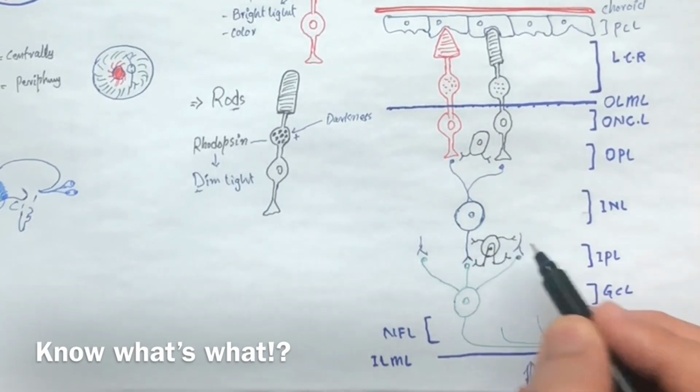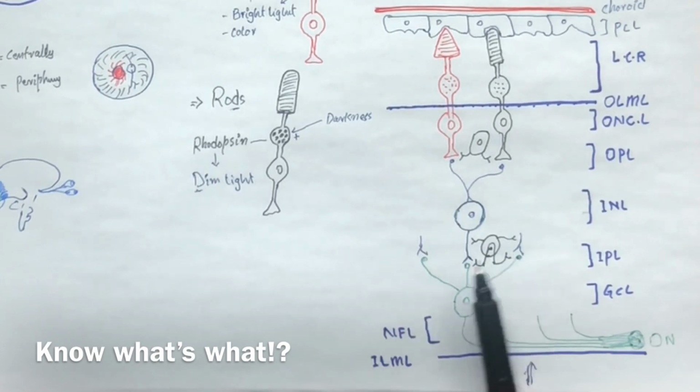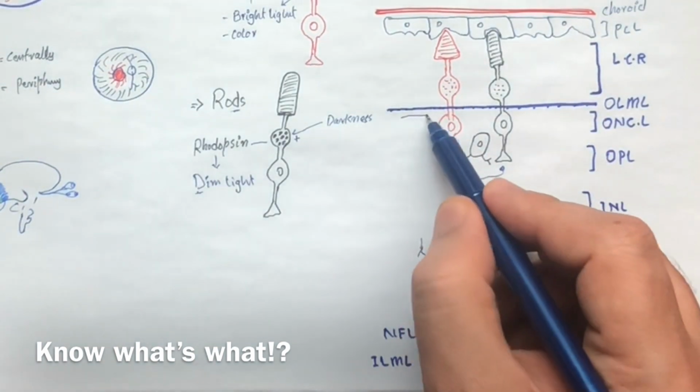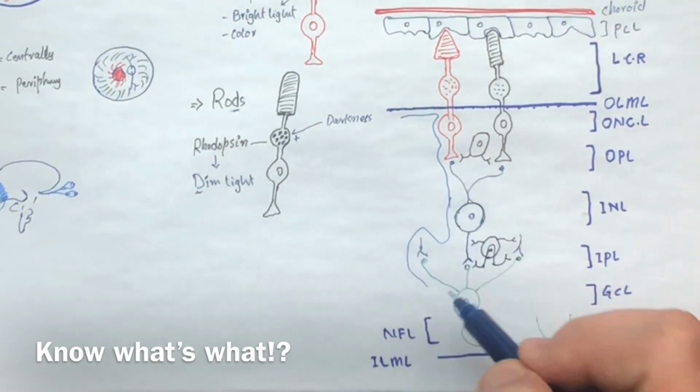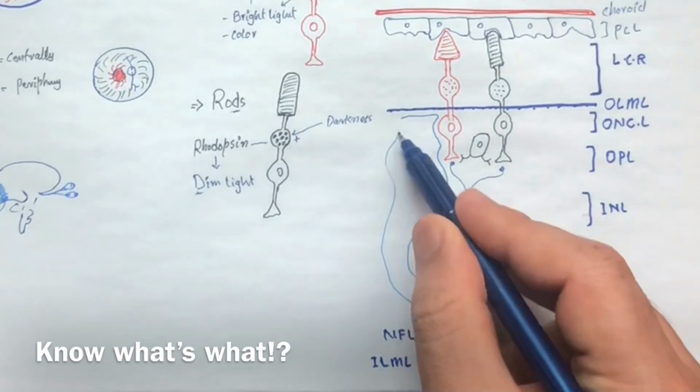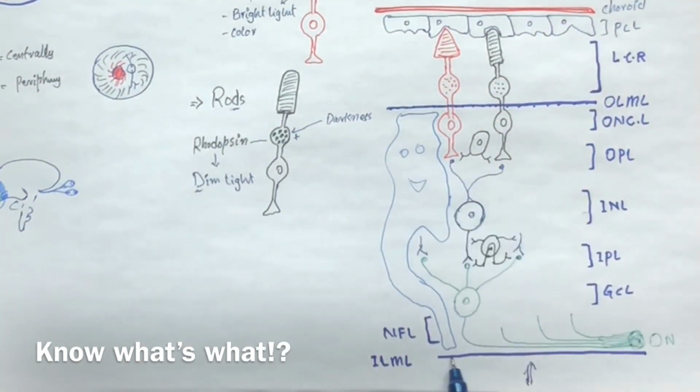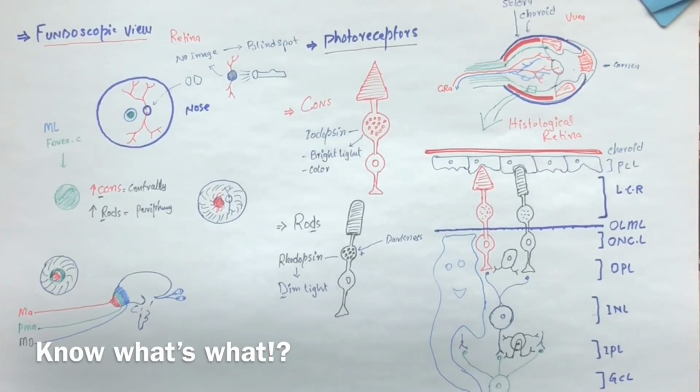And it gives fibers to different bipolar and ganglion cells. And then we have one more cell called the Mueller cells. It extends from the outer limiting membrane to the inner limiting membrane. So this is all about the histology of retina and the anatomy of the eyeball and the fundoscopic view of retina.